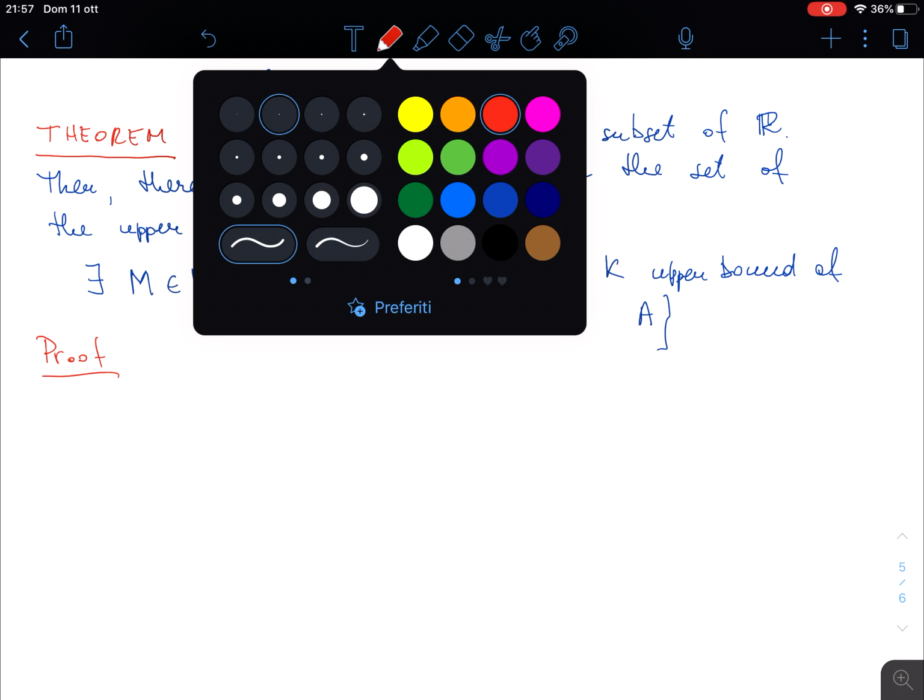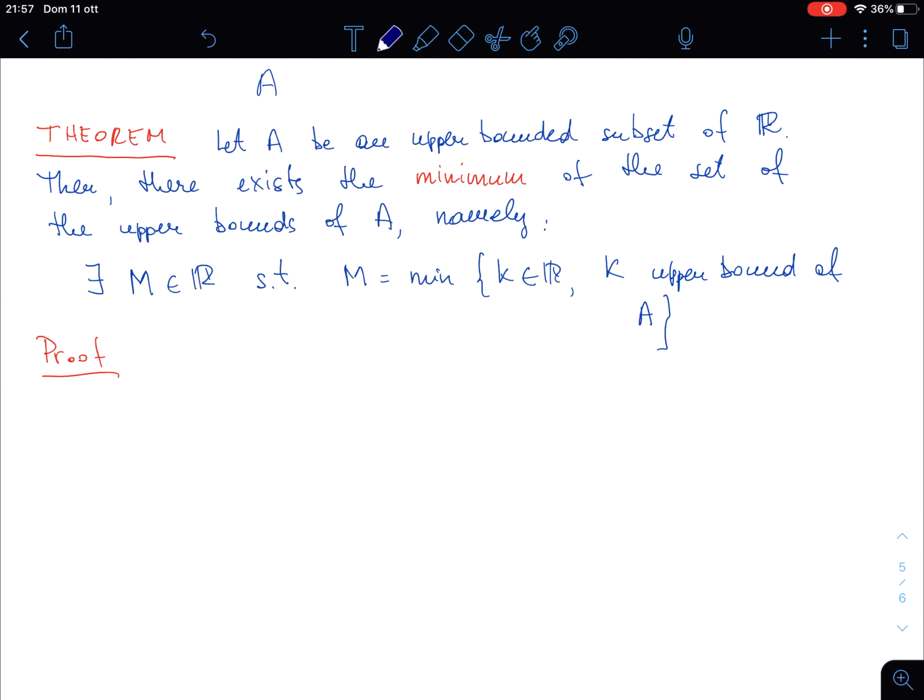First of all, let me fix the notation. Let us introduce the notation, which is just a symbol for the set of all upper bounds.